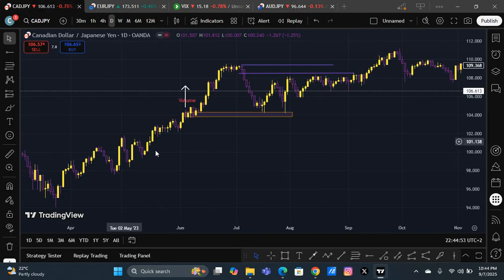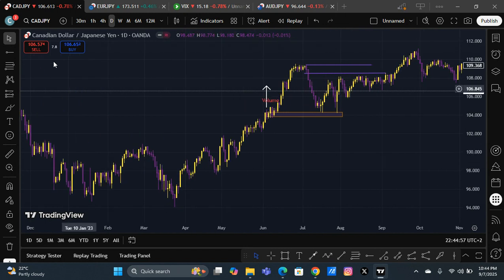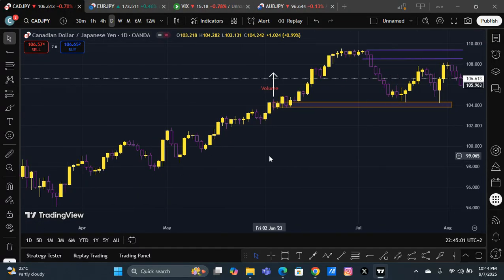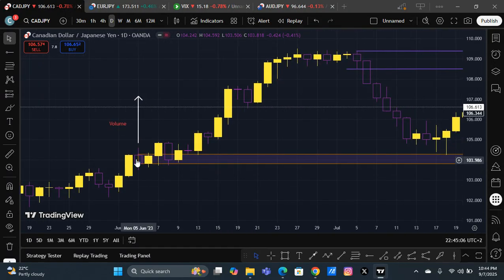So the currency that I wish to show you here is the CAD JPY. And on the CAD JPY, remember on the turnaround, once you get that economic report, when it goes to the lowest level, it says the 5th of June. On the other side, on the global supply chain pressure index, it says the 5th of May.